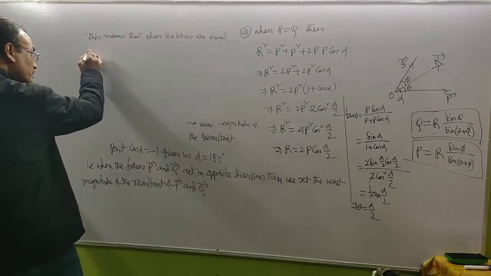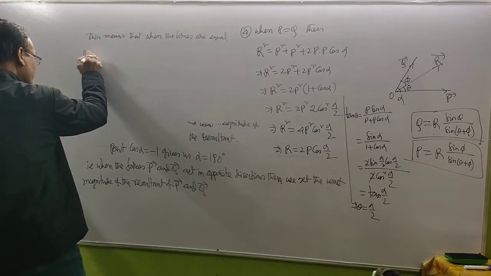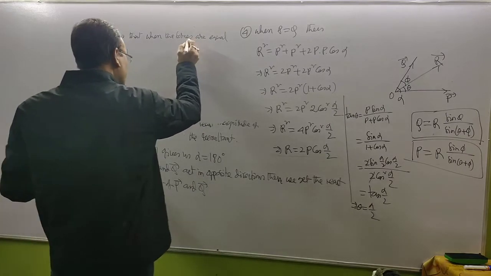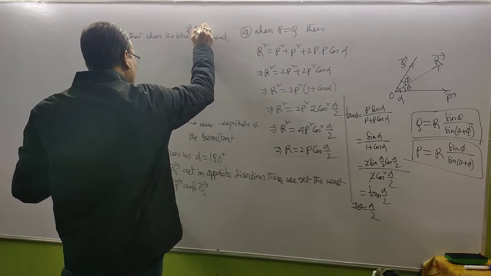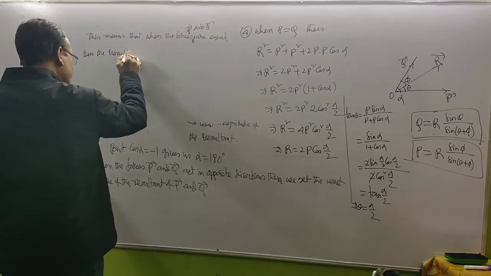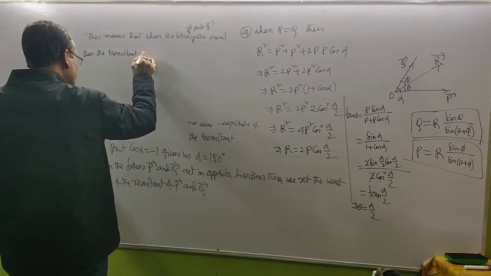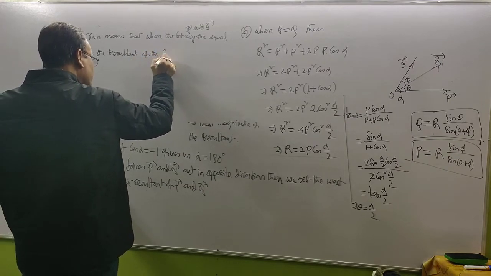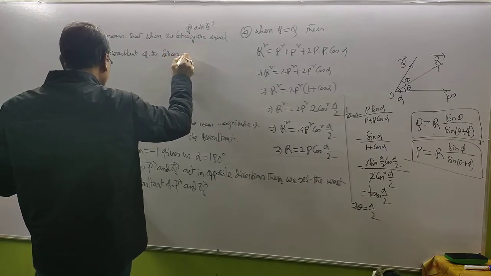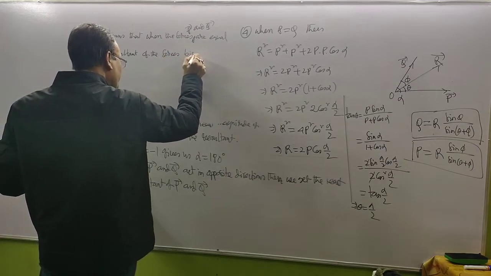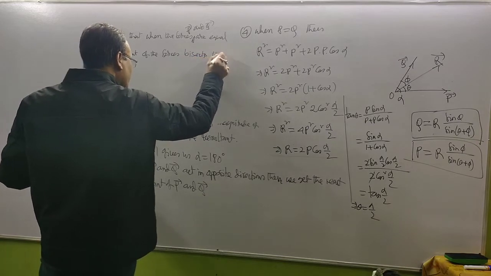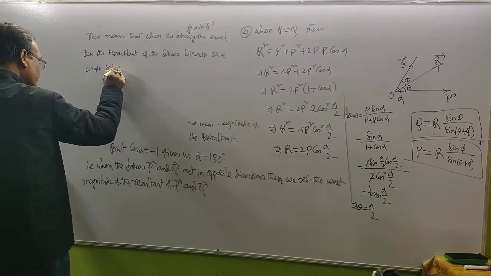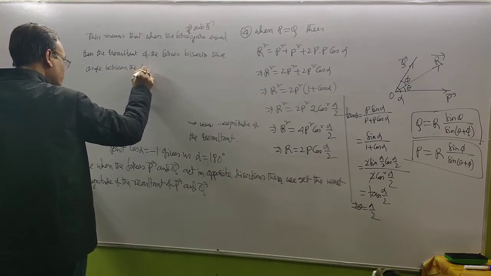When P and Q are equal, the resultant of the two forces bisects the angle between them.